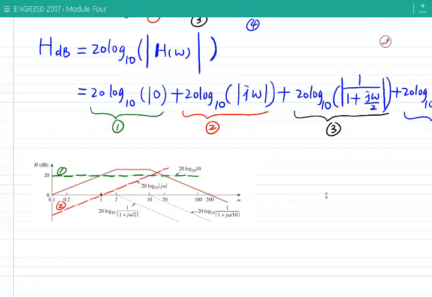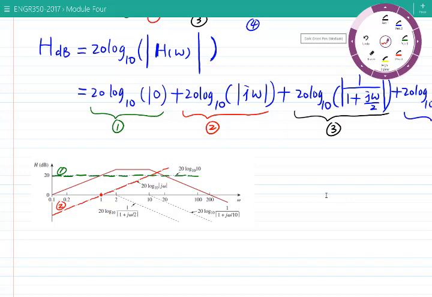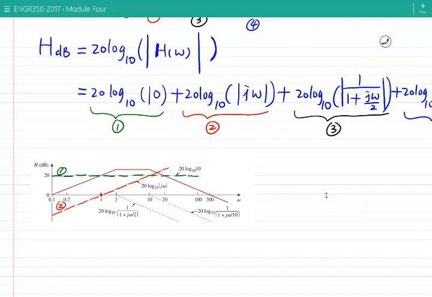Let's look at factor number 3. Factor number 3 is a simple pole or first order pole. For a first order pole, the Bode plot has two asymptotic lines. The first asymptotic line is 0 dB. The second asymptotic line is a linear line.